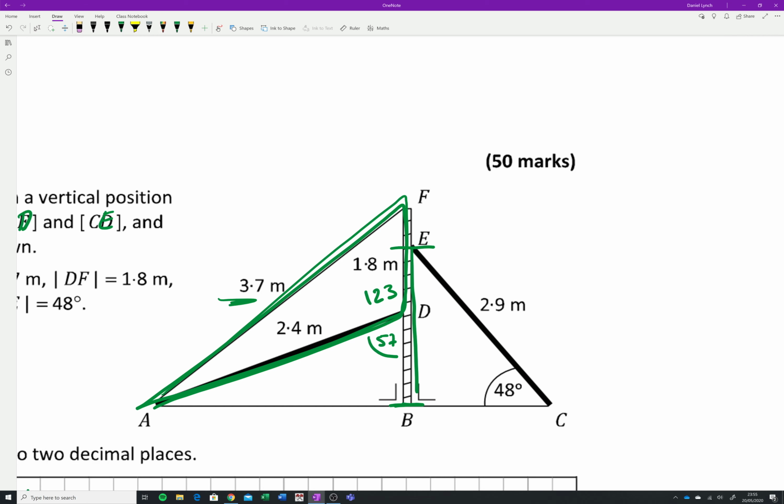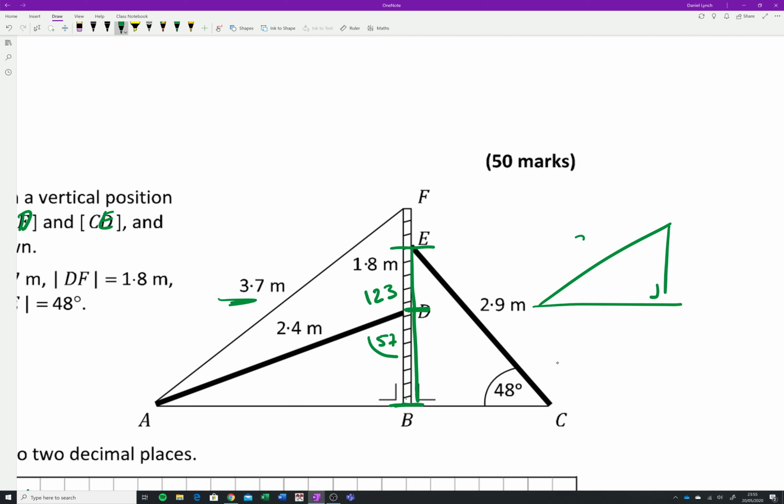So what we're going to be able to do now is work out what this length is, from D to B. If you look at this right angle triangle, this is 2.4, this is 57, and this is X. So it's much like what we've done before.